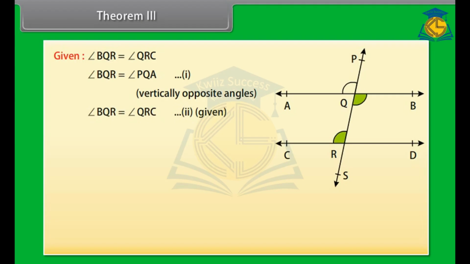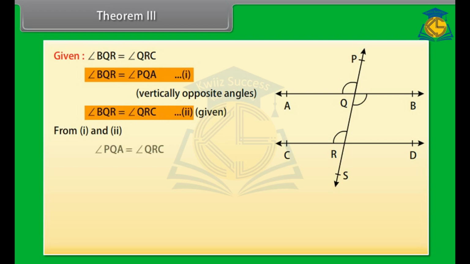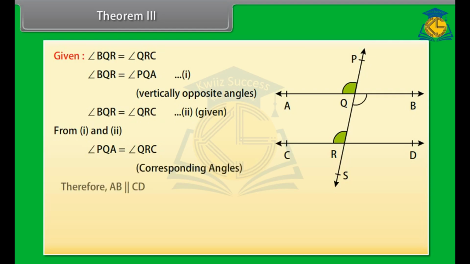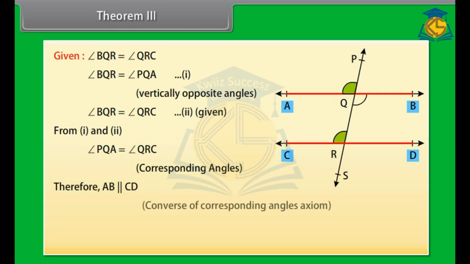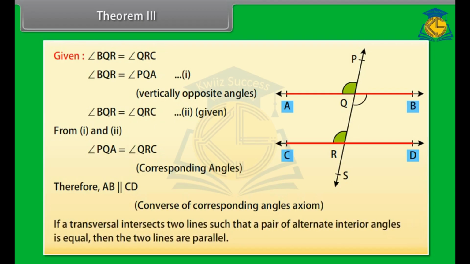Mark it as 2. So, from 1 and 2, you may conclude that angle PQA is equal to angle QRC. But they are corresponding angles. So, AB is parallel to CD, by the converse of corresponding angles axiom. This result can be stated as a theorem, which is, if a transversal intersects two lines such that a pair of alternate interior angles is equal, then the two lines are parallel.